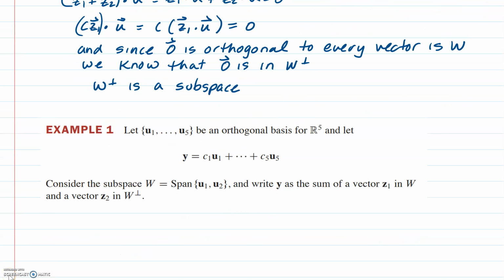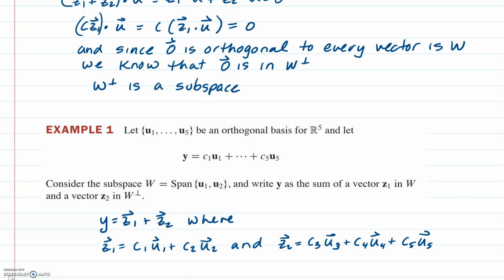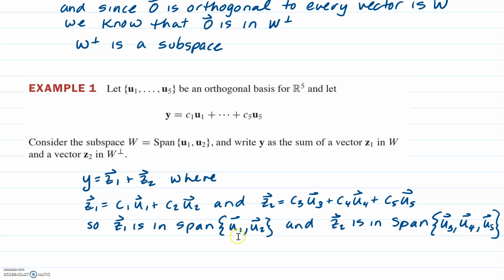So I'm going to let y equal z1 plus z2, where z1 is a linear combination of u1 and u2, and z2 is a linear combination of u3, u4, and u5. Therefore, z1 is in the span of u1, u2, which by the way is W, and z2 is in the span of u3, u4, and u5.